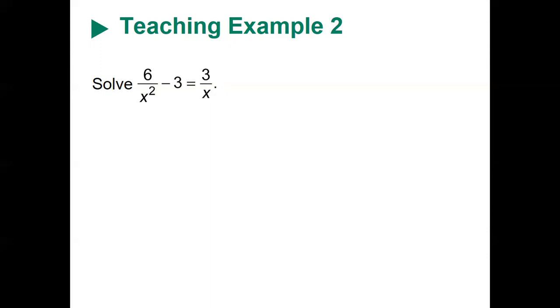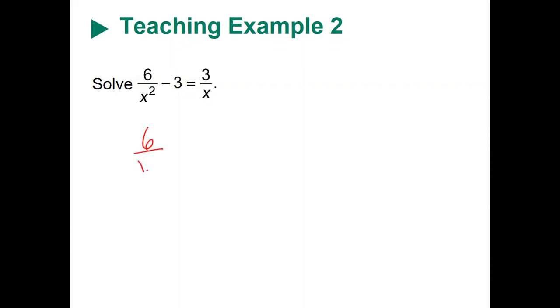And with that one, we want to have a common denominator. So how would I make it have a common denominator? We're going to multiply by x squared, right? So if I choose to do that, I'm going to multiply by x squared so they all have the same denominator. Does that make sense?